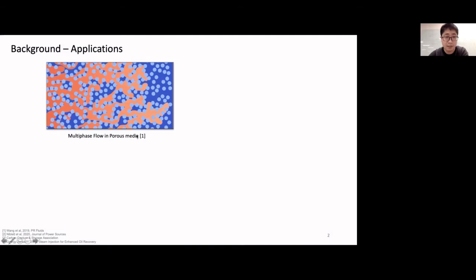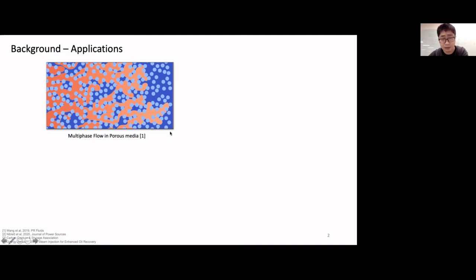Here is an example of multiphase fluids where the red fluid is being injected from the left, displacing the blue defending phase fluids, where you also see the circular particles within this media.